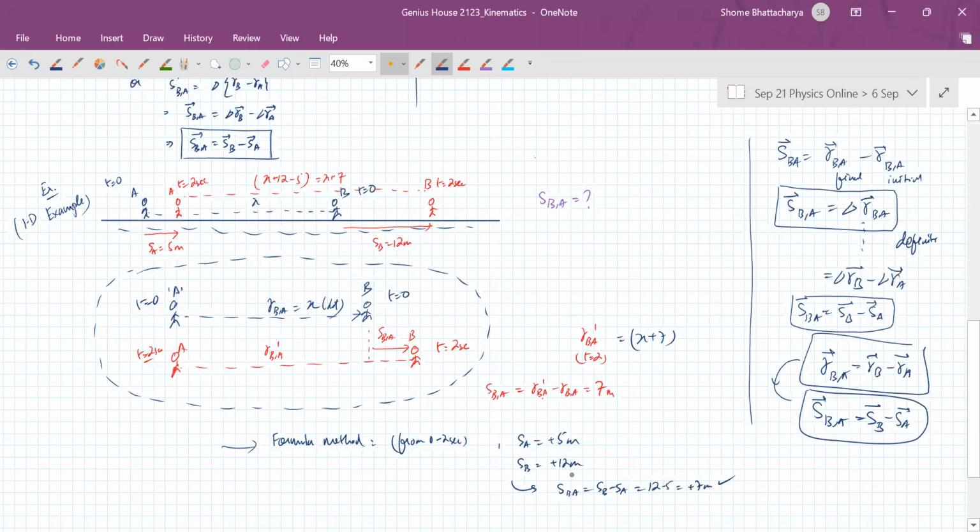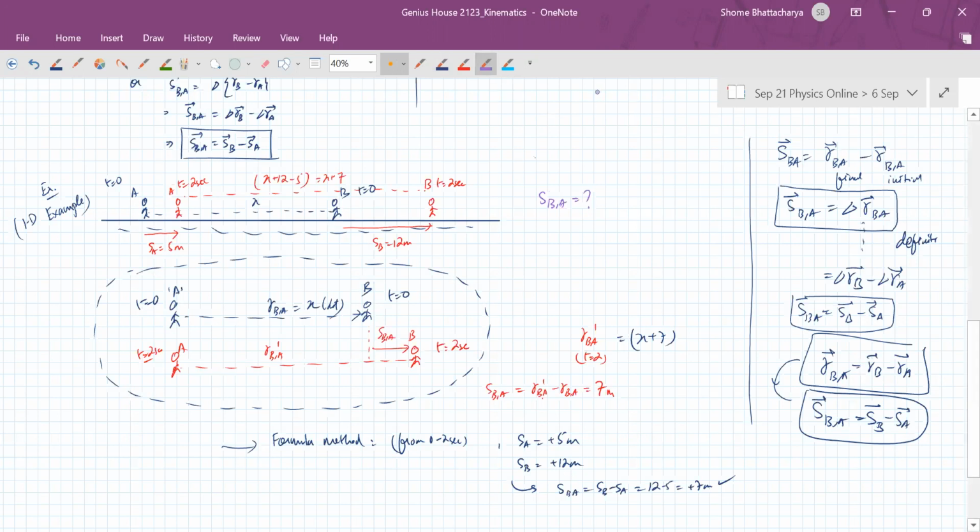But sir, relative displacement actually is, after some time has passed, how far away is B from A, right? No, it is how much B has moved from A. Displacement is always initial to final position. It is not the position.